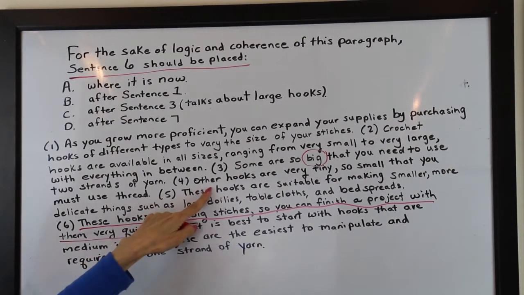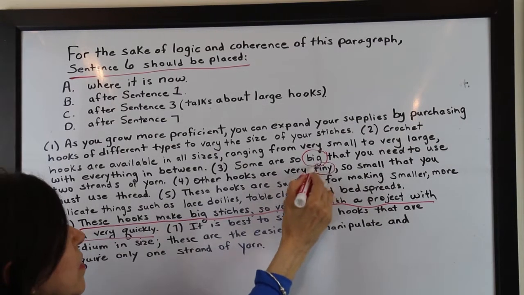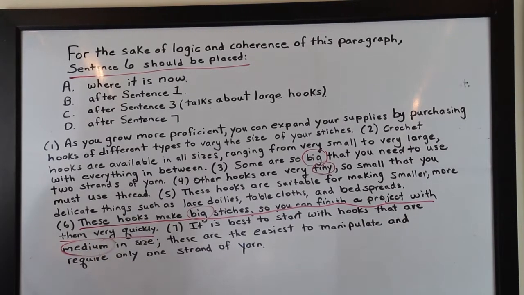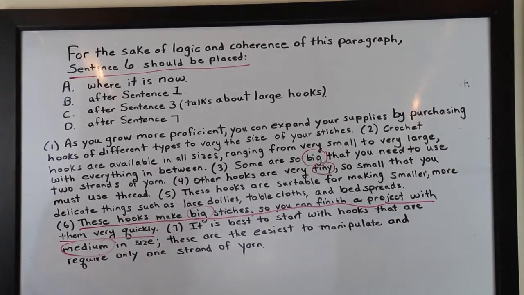Other hooks are very tiny, so small that you must use thread. These hooks are suitable for making smaller, more delicate things such as lace doilies, tablecloths, and bedspreads. These hooks make big stitches, so you can finish a project with them very quickly. It is best to start with hooks that are medium in size. These are the easiest to manipulate and require only 1 strand of yarn.